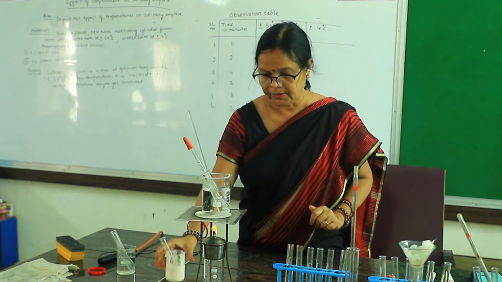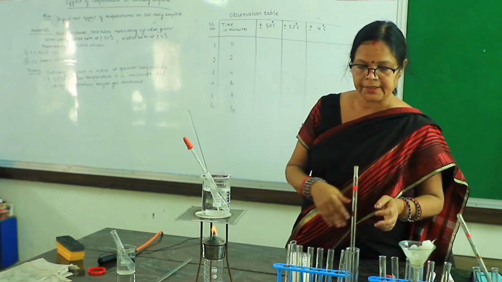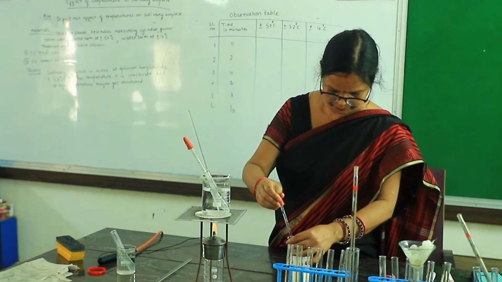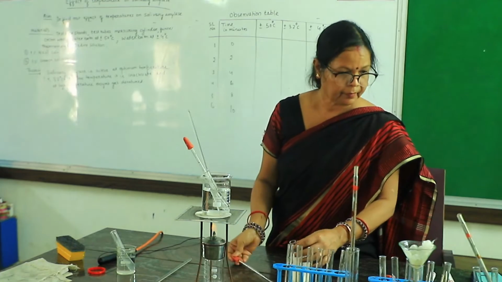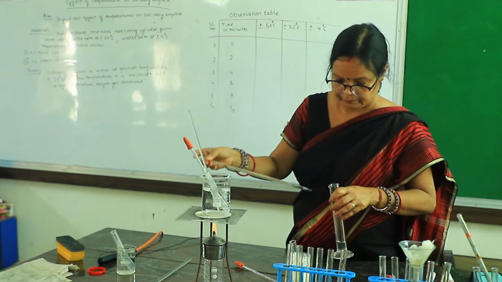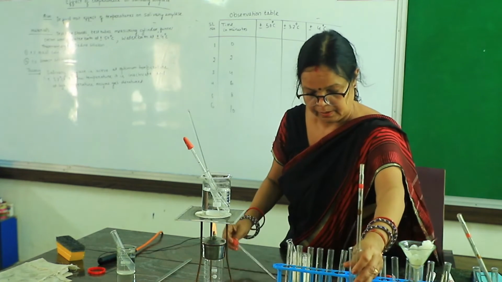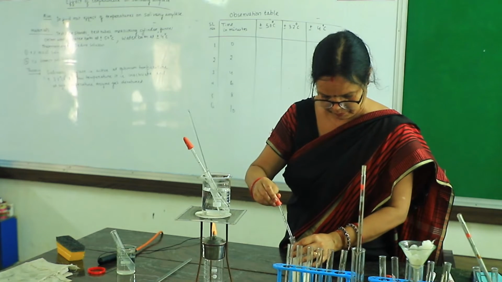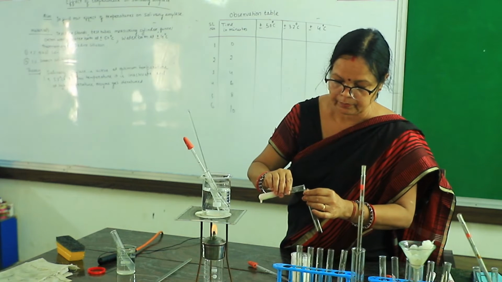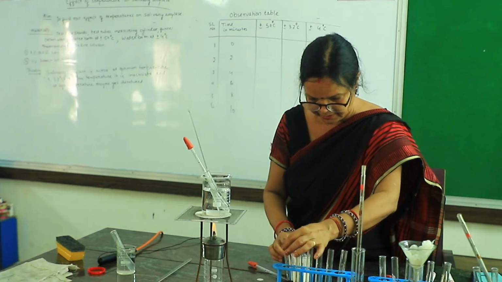Next, you start with the test tube containing starch and salivary amylase at 4 degrees centigrade. You have to add amylase here. Look, it turned to blue black color.